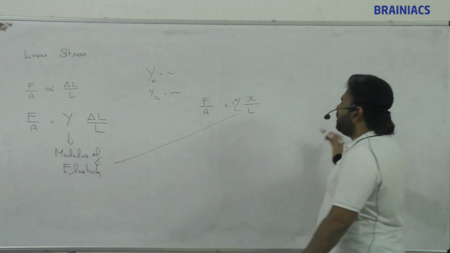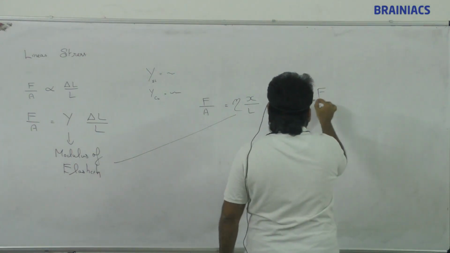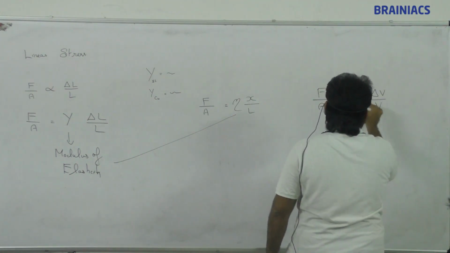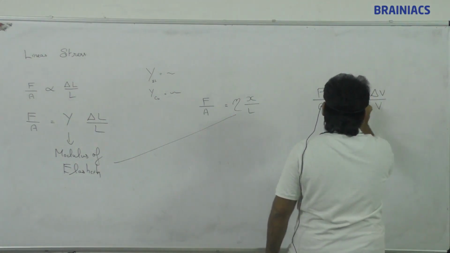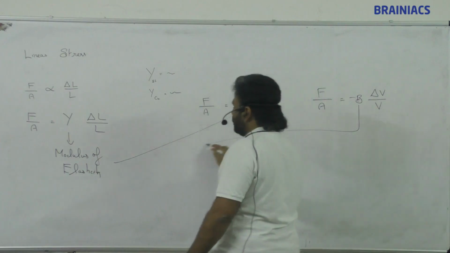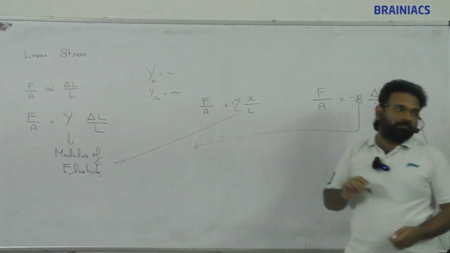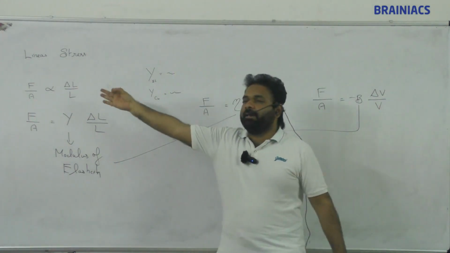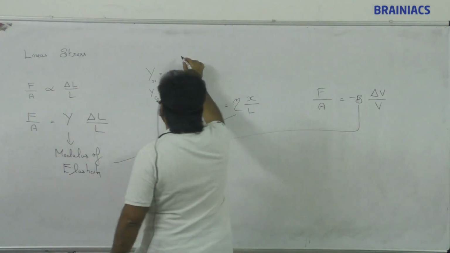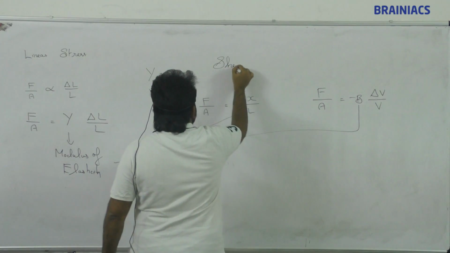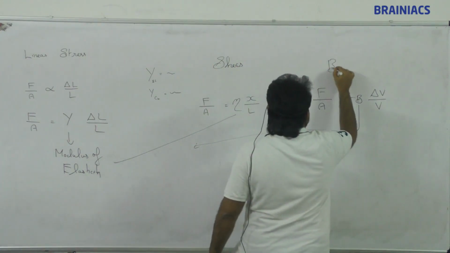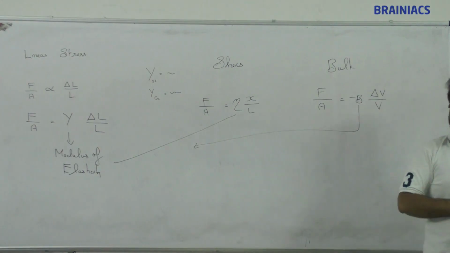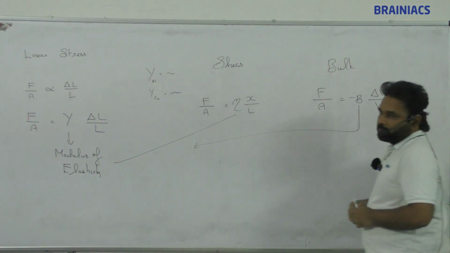Same way here, F by A is equal to minus delta V by V, with another constant, also a modulus of elasticity. So this is for linear, this is for shear, this is for bulk or volumetric. For volumetric we say bulk also.